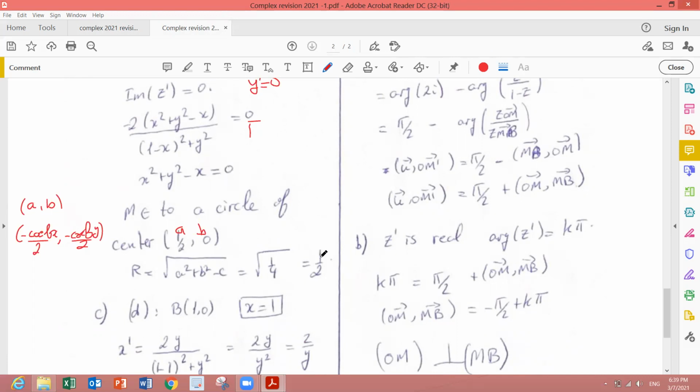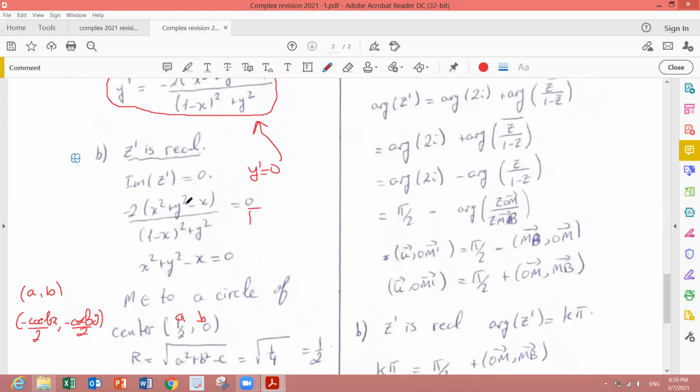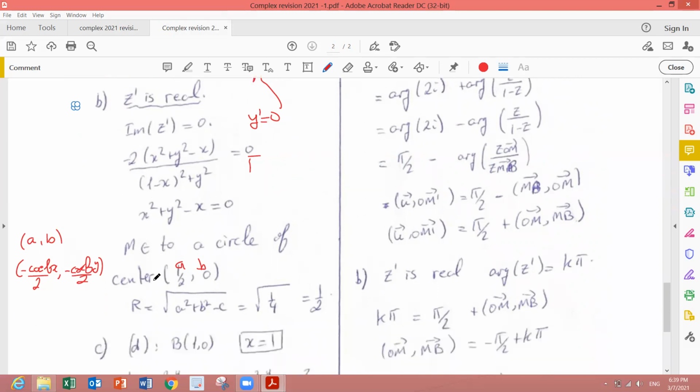So R equals radical a squared plus b squared minus c, equal half. So Z prime is real means the imaginary part of Z prime is 0, means Y prime 0. We get the equation of a circle. From this equation, you get the center and the radius.